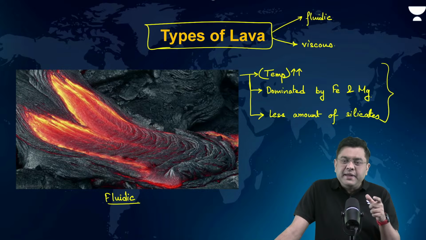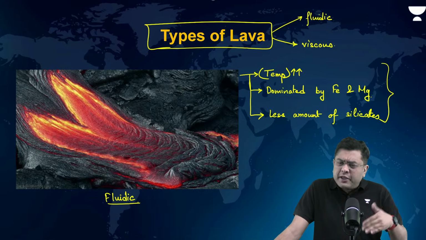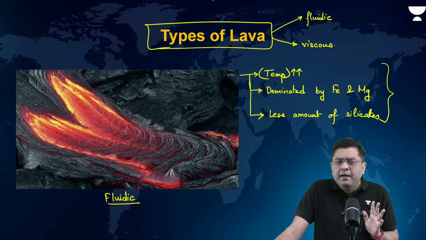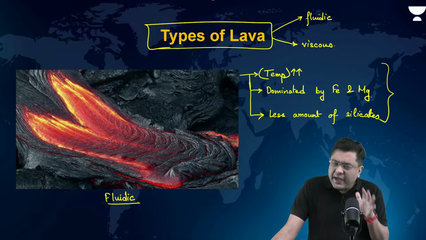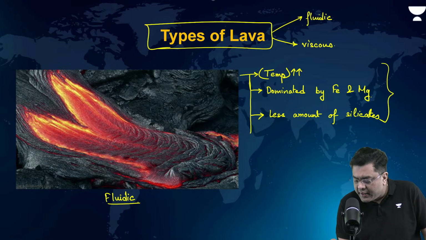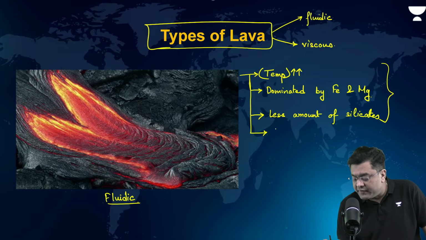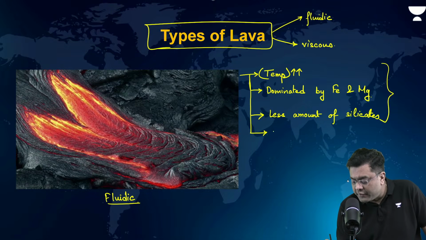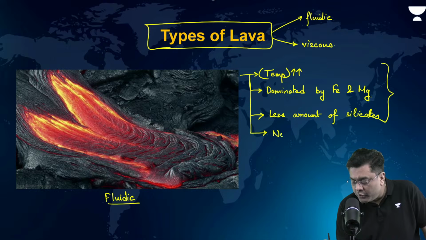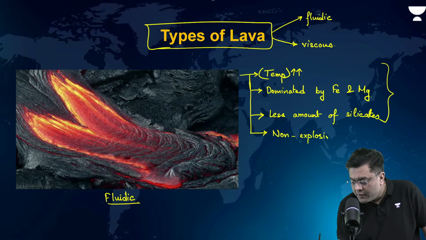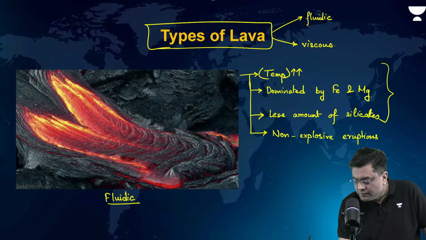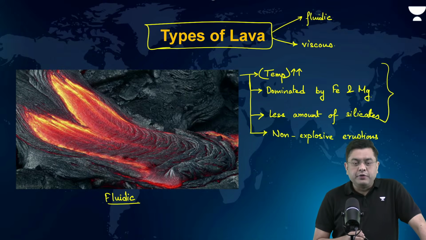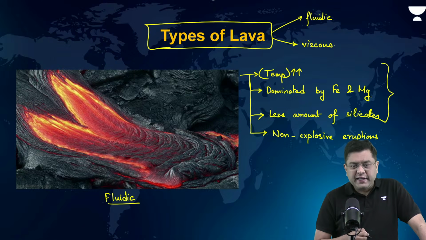It will basically be the case of non explosive because materials are ready to flow. Materials do not have any resistance in themselves. So this kind of a lava, wherever it is erupting, is associated with non explosive eruptions.